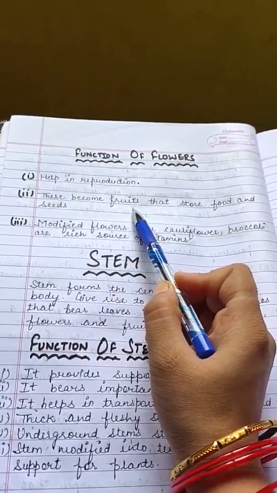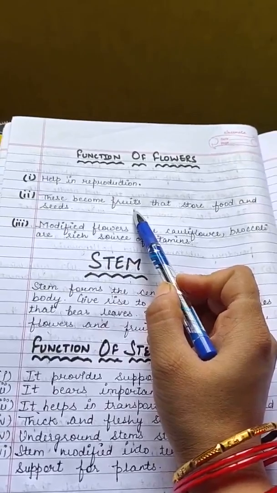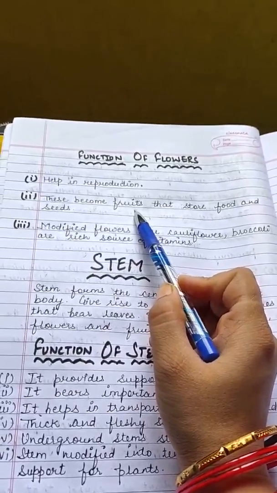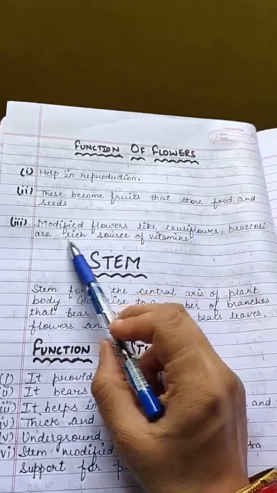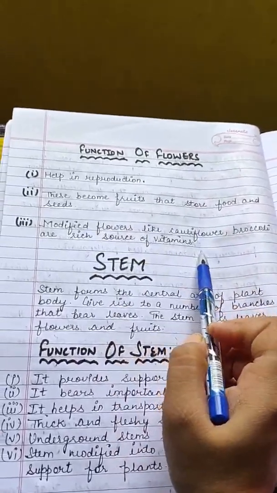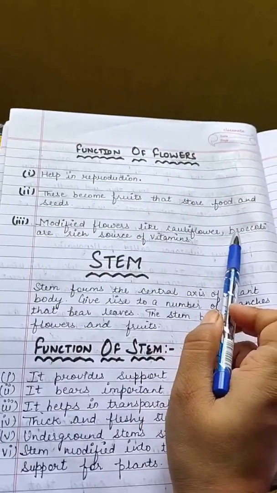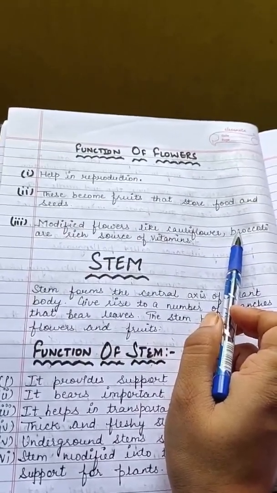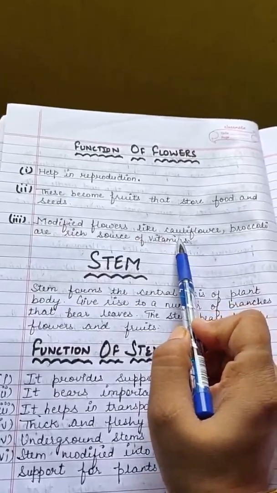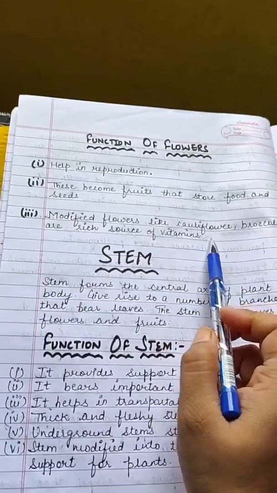These flowers become fruits that store food and seeds. Modified flowers like cauliflower and broccoli are a rich source of vitamins. So these cauliflower and broccoli are modified flowers which are also considered as vegetables, and they are rich in vitamins.